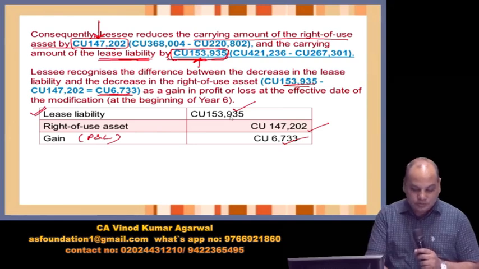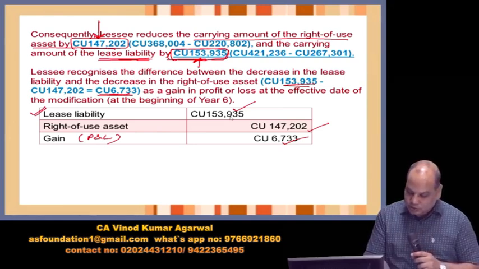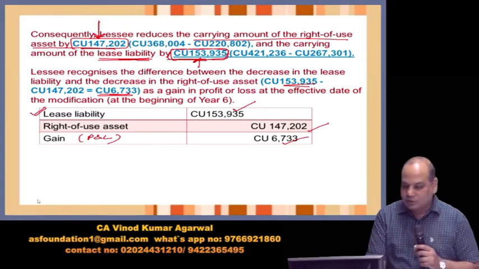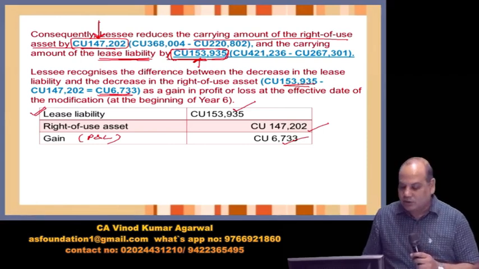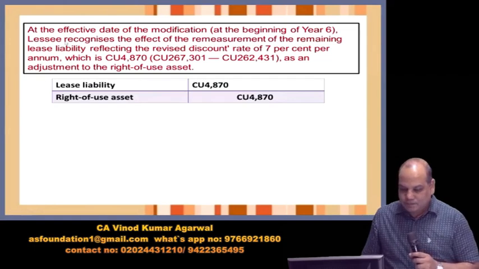But it should be 262,431. So some more adjustment is required in the liability. Okay. So now at the effective date of modification, at the beginning of year 6, lessee recognizes the effect of remeasurement of remaining lease liability reflecting the revised discount rate of 7% per annum, which is 4870.